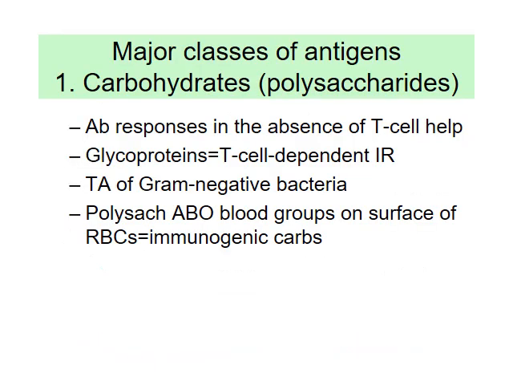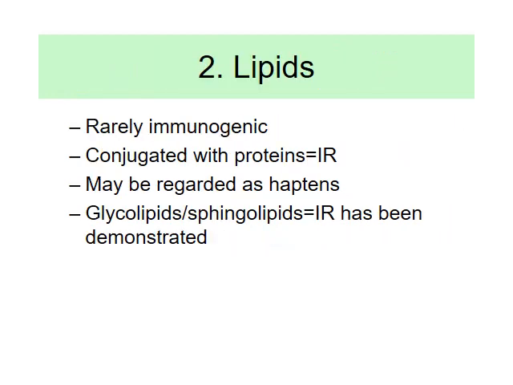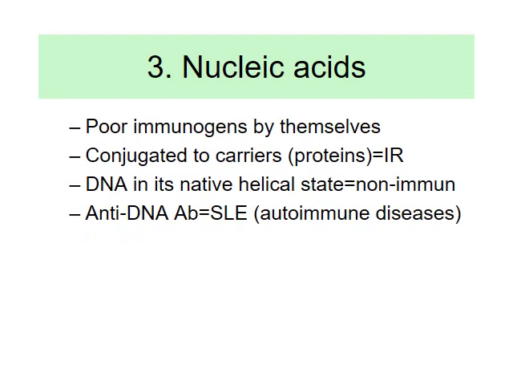And then you can see examples of carbohydrate moieties. These are important, and I want you to know that, especially the ABO group and teichoic acid of gram-positive bacteria, because it does mount an immune response. Recall memory for lipids and nucleic acids: as I just said, they are hidden, so as a rule they are poor immunogens.